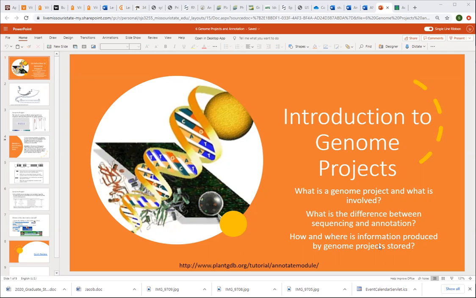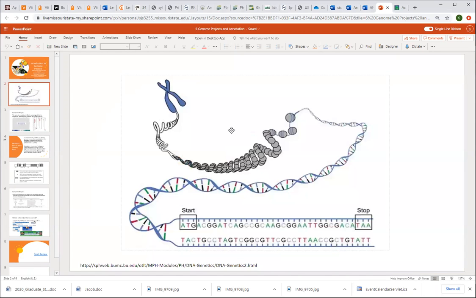So how and where is information that we do in the sequencing and the annotating, kind of like you would annotate in the side of your pages of a book you're reading, talking about what's happening there. So we do the same thing with genes. How and where is this information that we learn produced by genome projects? Where is it stored? Keeping in mind, of course, we're talking about chromosomes.